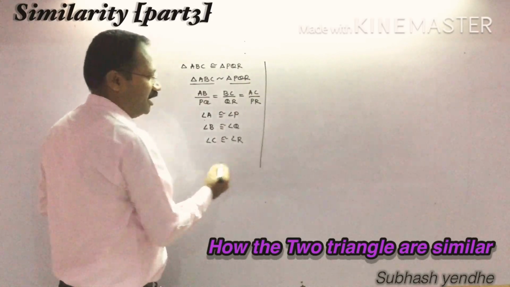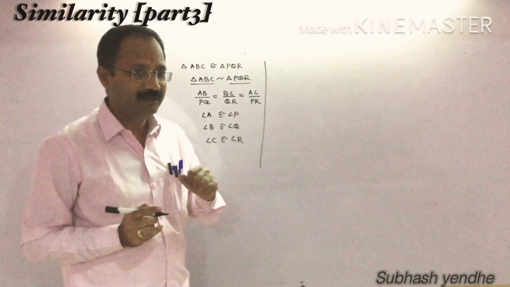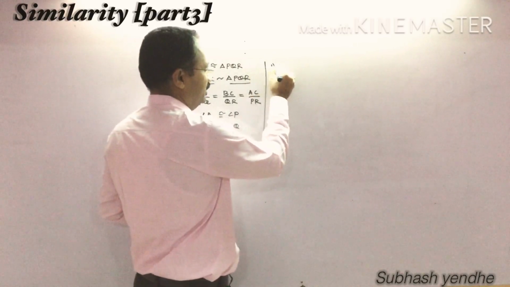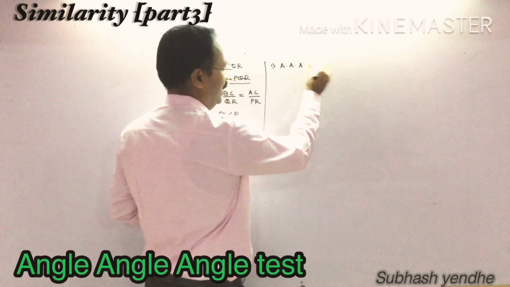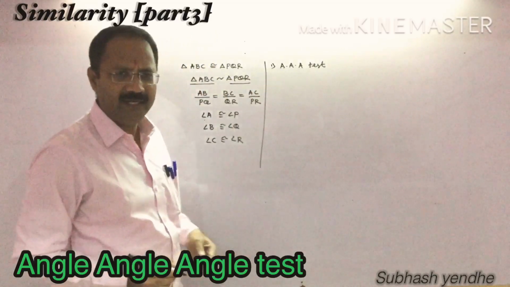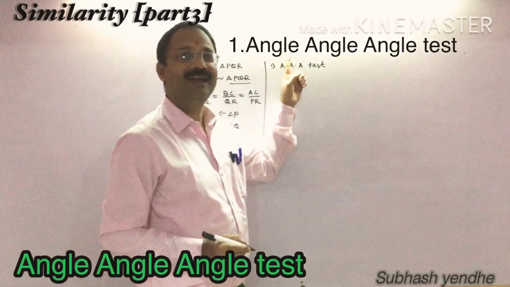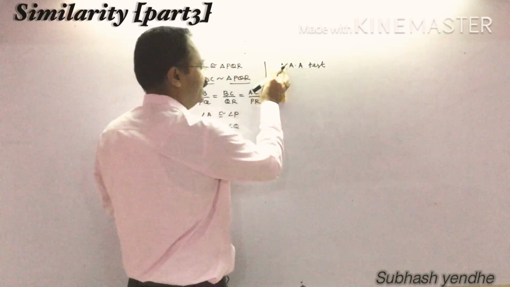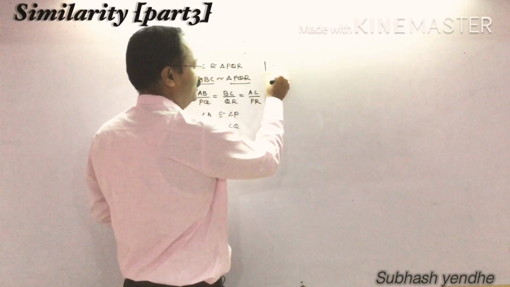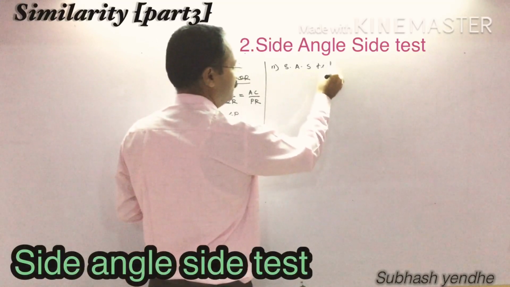But how can we show that two triangles are similar? Yes, there are three tests to show that triangles are similar. First one is the AA test of similarity. What do you mean by AA test? It's an angle and angle test. Then the second test is called SAS test.